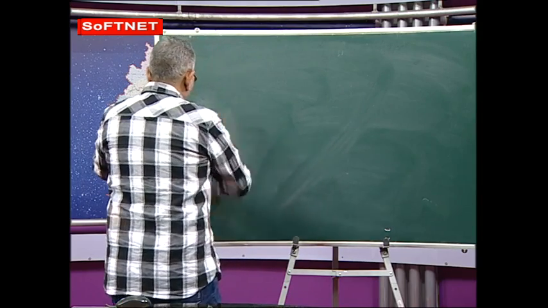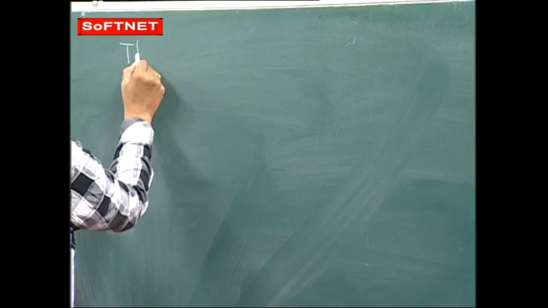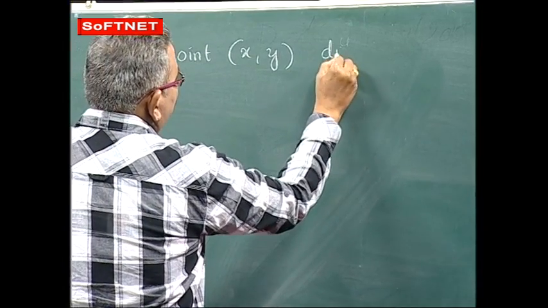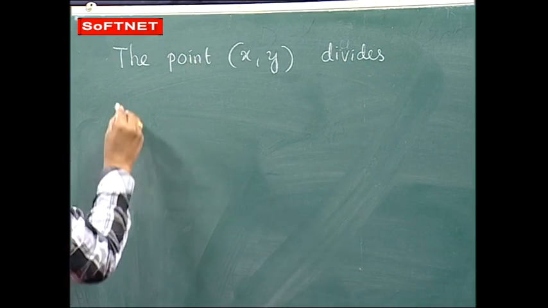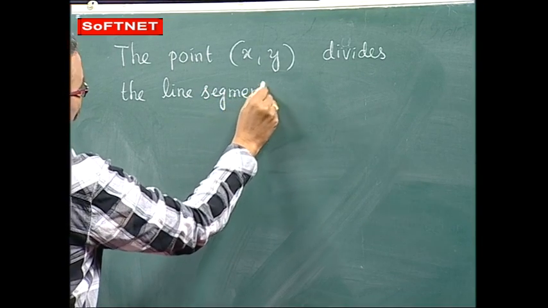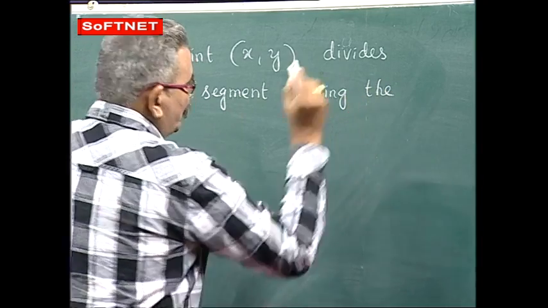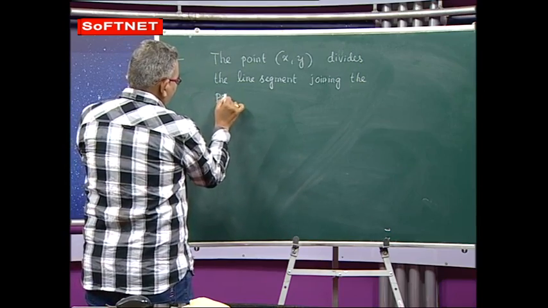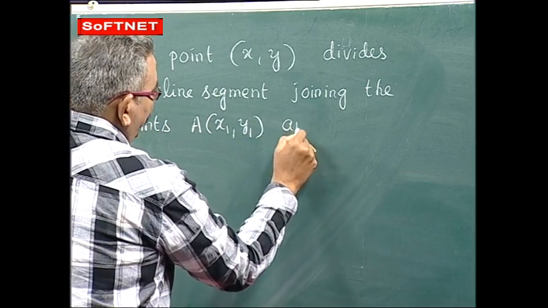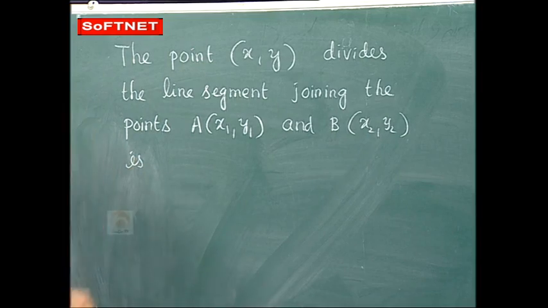Next, the point (x, y) divides the line segment joining the points A (x1, y1) and B (x2, y2) is, okay, I will write later.